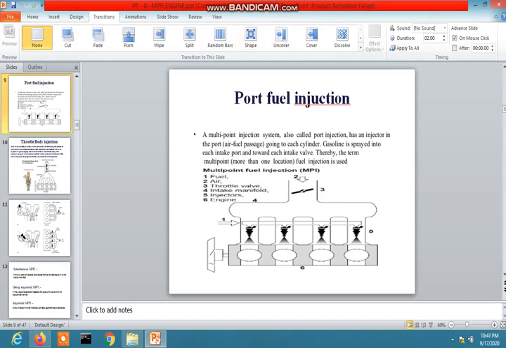So this is the fuel, that is the common rail device. Okay, there is a fuel line, it's the common rail high pressure fuel line. Number 2 is air, that means air enters through the manifold.